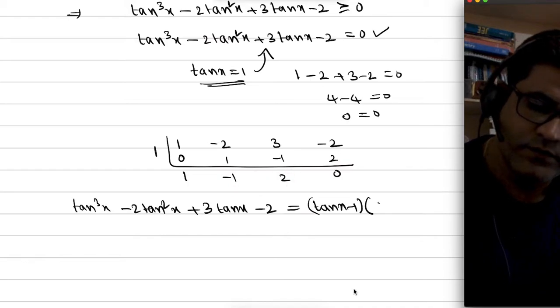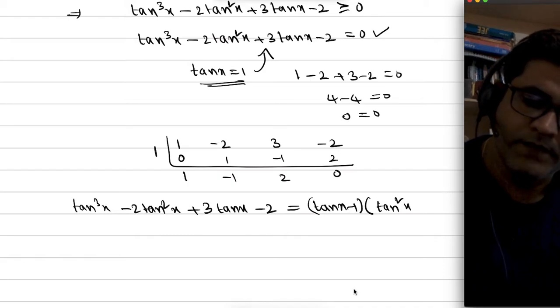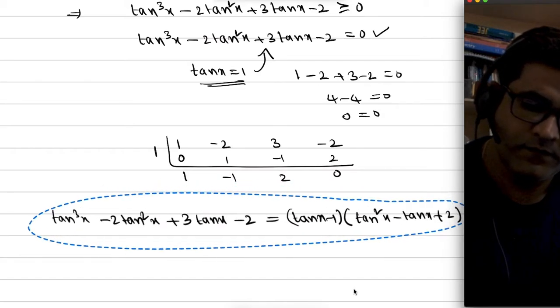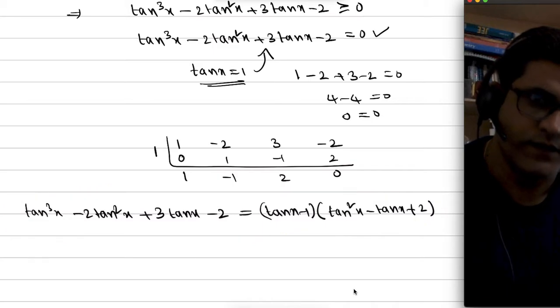So this is tan square x minus tan x plus 2. So this is the factorization.